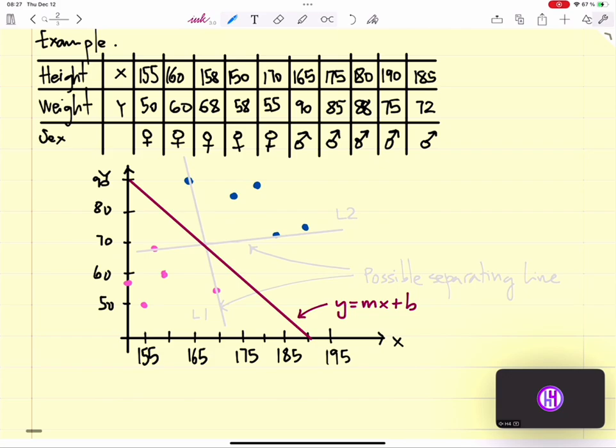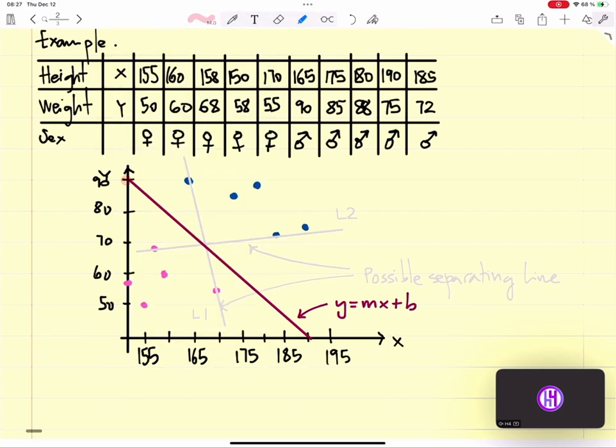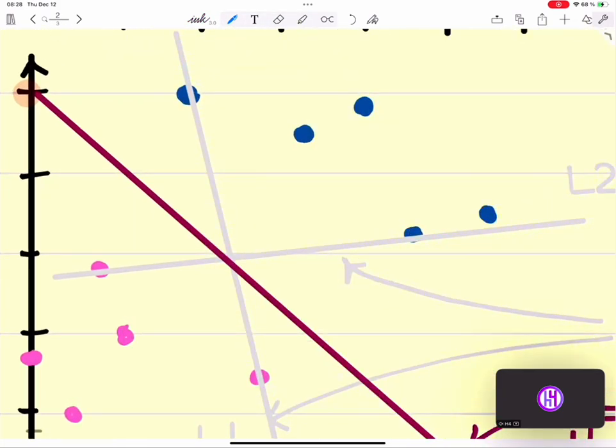It goes through the points 0, 90 and 190, 0. And it also goes through this little point there where, interestingly enough, all three lines go through.